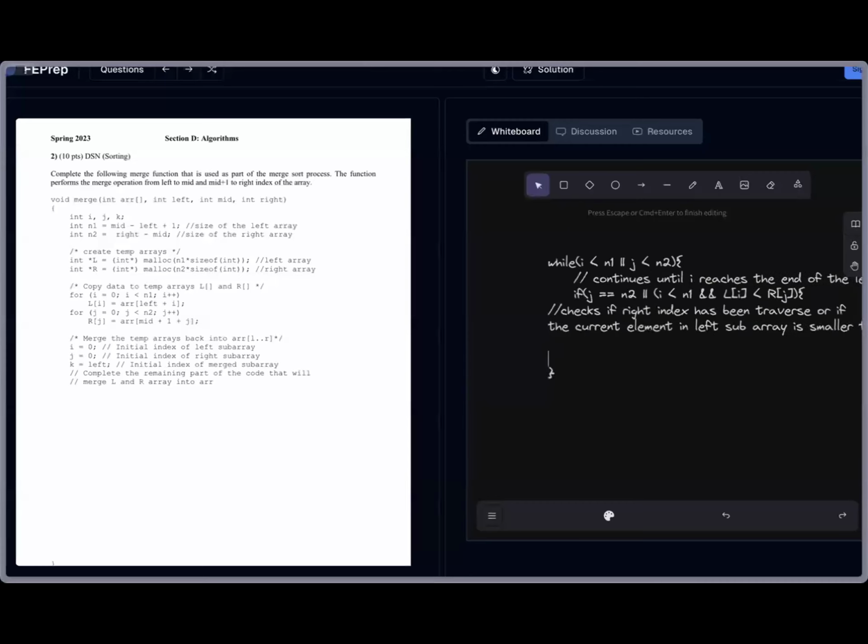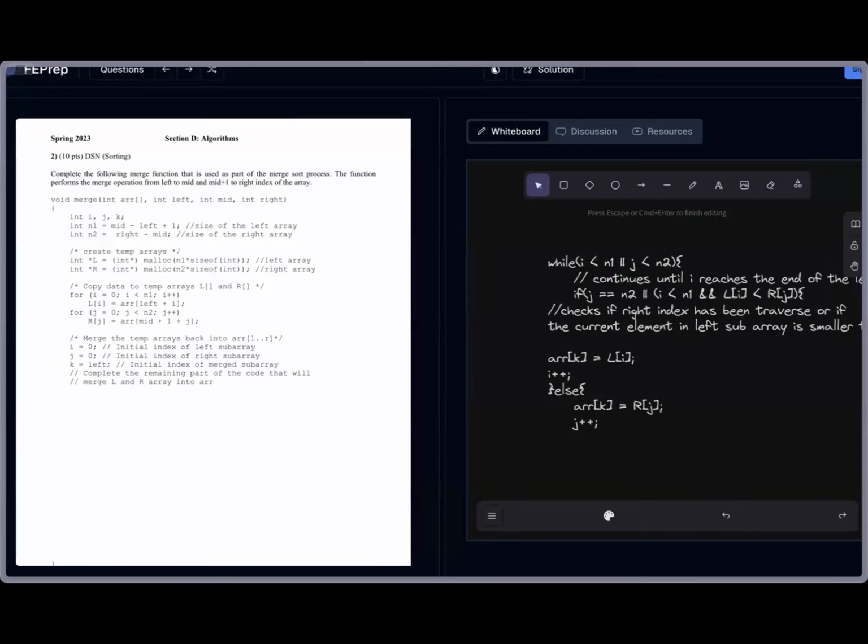If this is the case, populate the left subarray values into the sorted array. So we'll have array of k is equal to left of i, and then we increment i to keep going through. Otherwise, we'll do array of k is equal to right of j, essentially the opposite of the previous case.